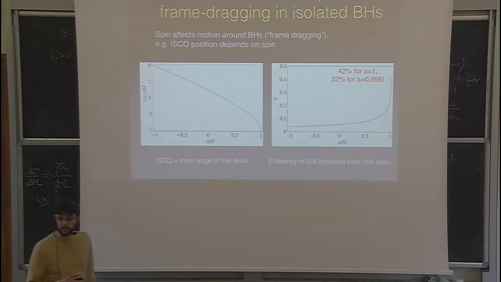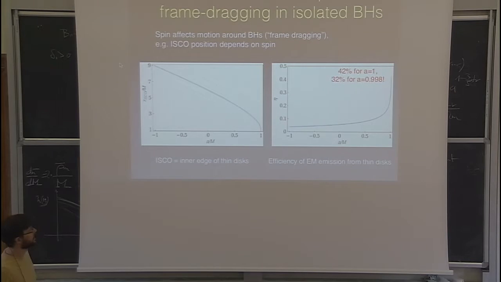Yes? What do you mean exactly by efficiency? Efficiency means how much energy. If you're a gas element at infinity and you move in the disk until you fall into the black hole, due to viscosity, you will lose energy, some of your binding energy. Some energy will go away in heat, in viscosity, and that will eventually be emitted by the disk in the form of electromagnetic radiation.